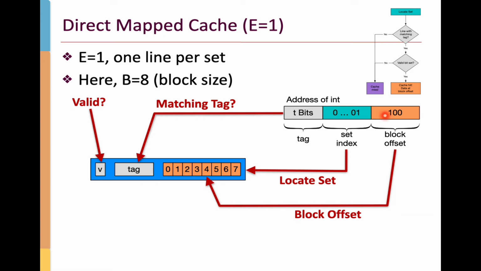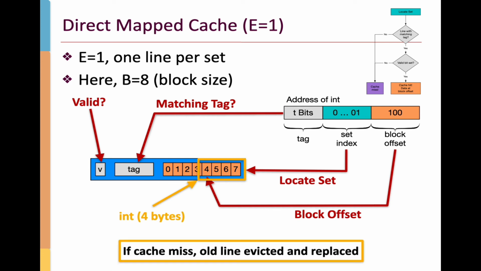So we have the offset of the first byte of that value, and the size of the instruction, the L in the movl instruction, for example, is going to say move a long word, which is going to get 4 bytes, and it'll get those 4 bytes from that first location as indicated by the block offset. And that's what's going to be returned to the layer of the memory hierarchy above us.